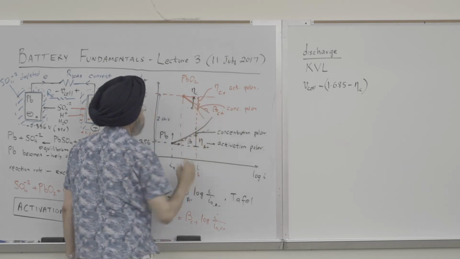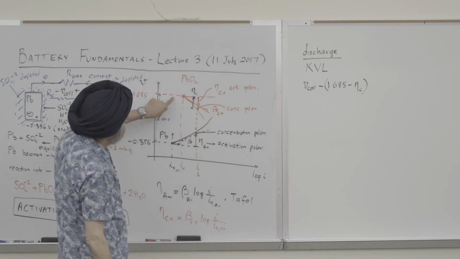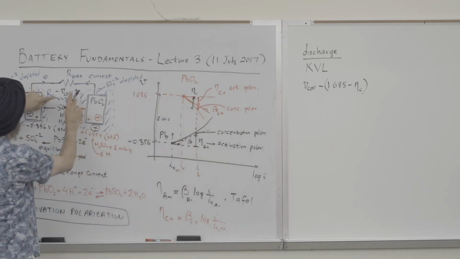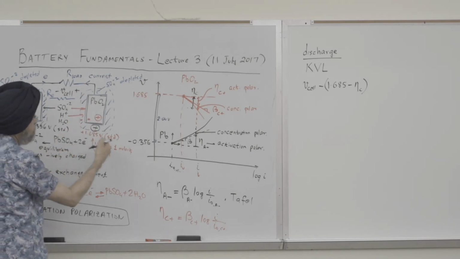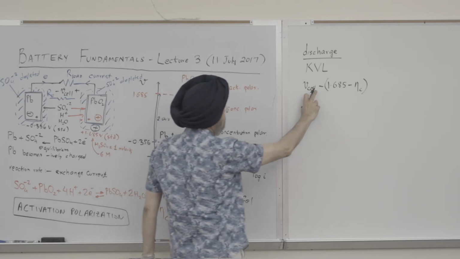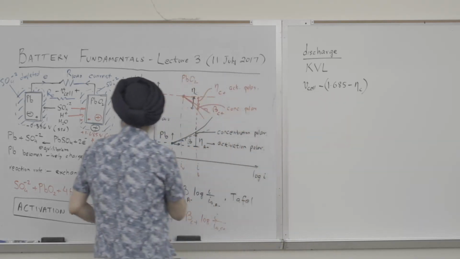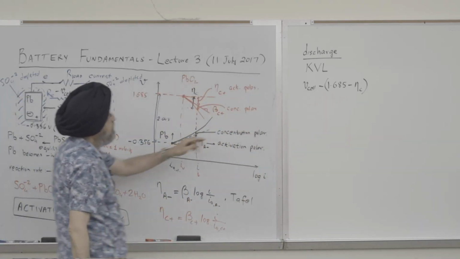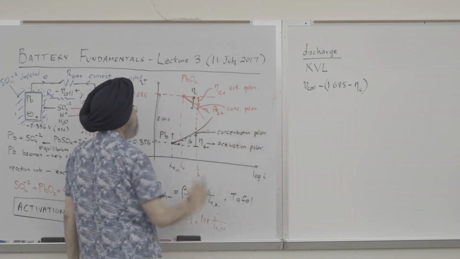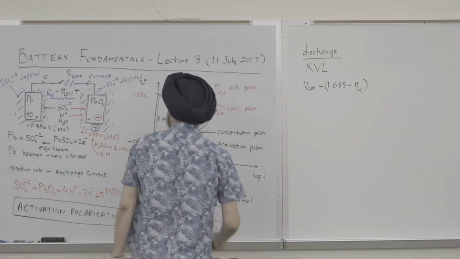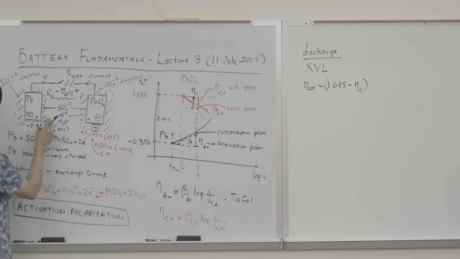So I started off with this voltage. I'm coming down this way. So I step down from plus to minus, and that's why I have a negative sign. The voltage across this electrode is 1.685 minus eta C, eta C being this value, right? And then I go from here to there.